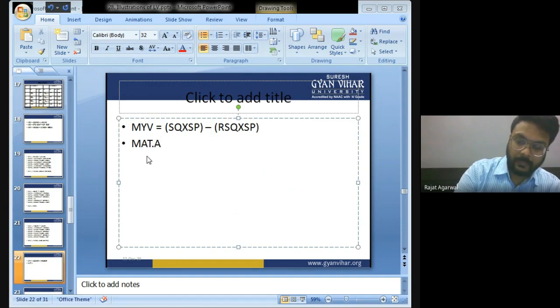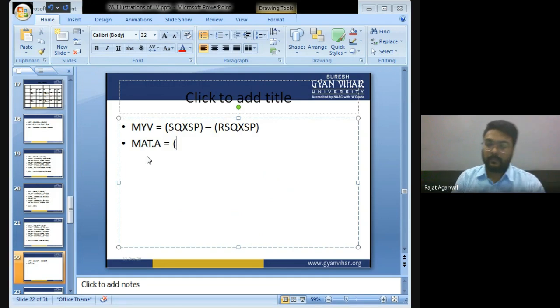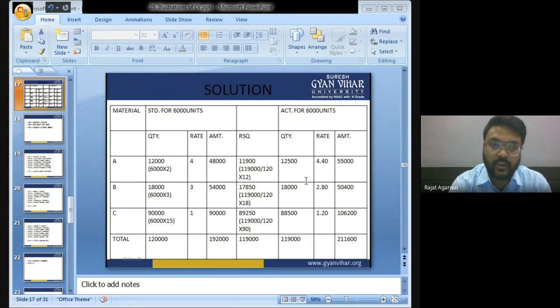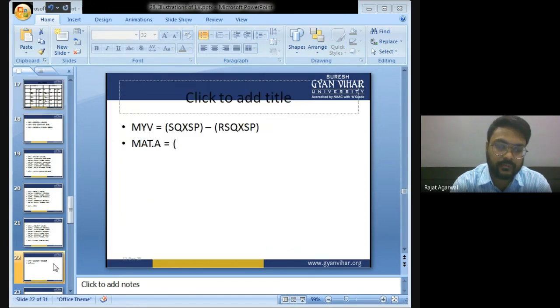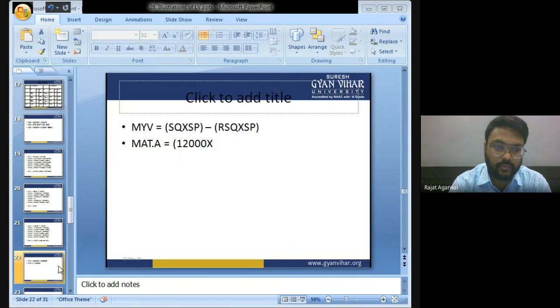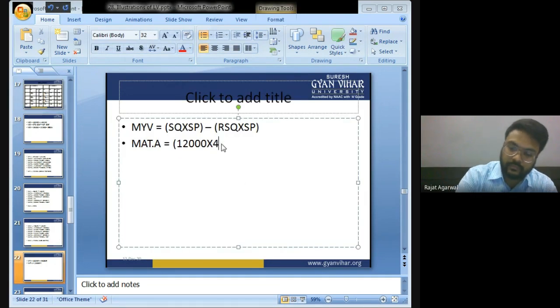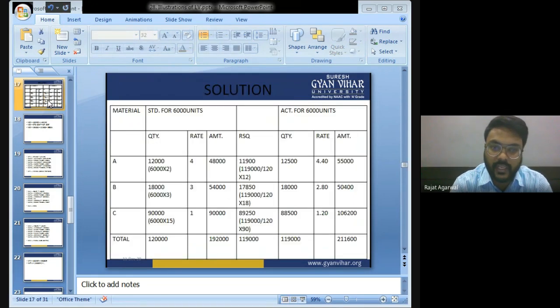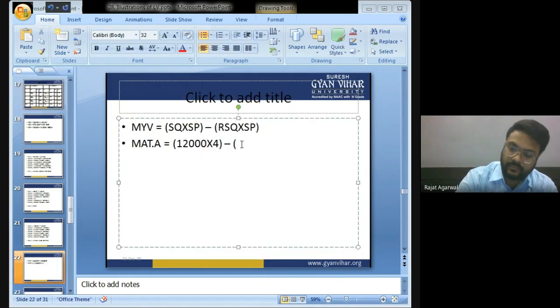Material A. What is the standard quantity of A? Standard quantity of A is 12,000. Standard price of A is 4. Revised standard quantity of A is 11,900 into standard price 4.